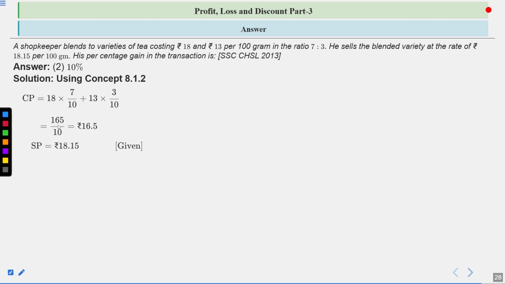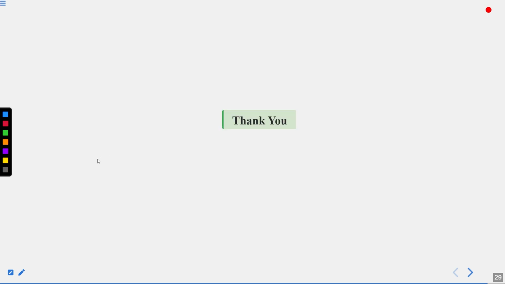Now we can calculate the profit. So the gain will be the difference between 16.5 and 18.15, which is 1.65 rupees. So 1.65 upon 16.5 multiplied by 100, we get the gain percentage. When we simplify it, we get 10% gain. So second is the correct answer of this question. Next one. Thank you.